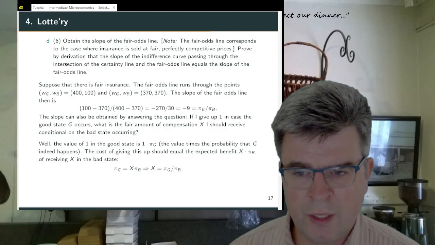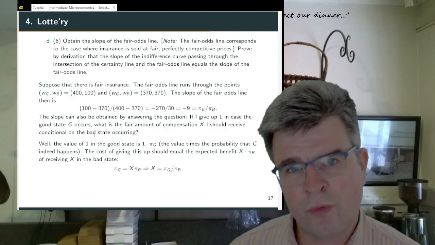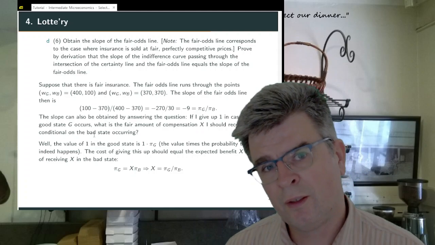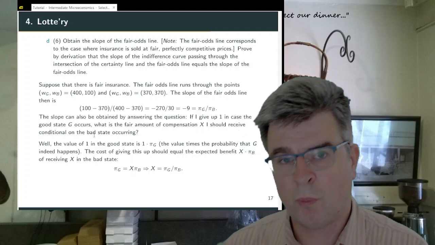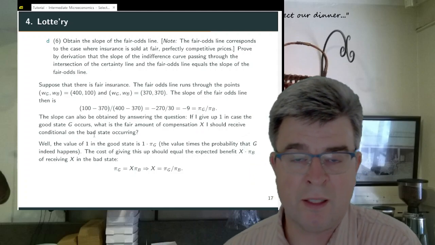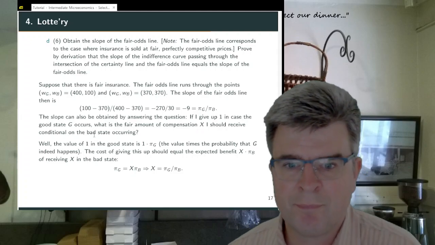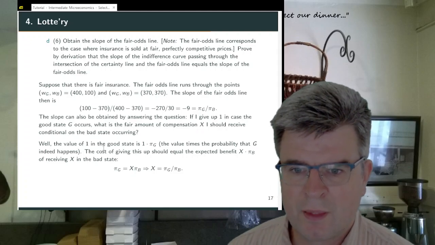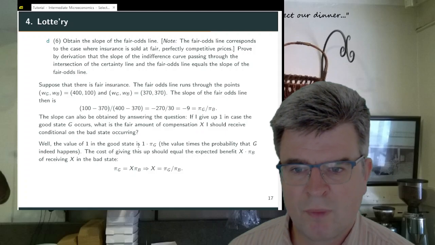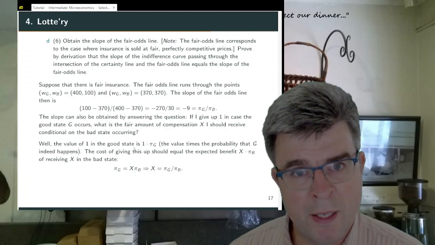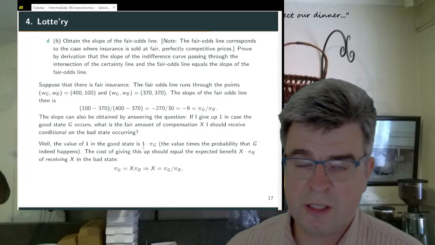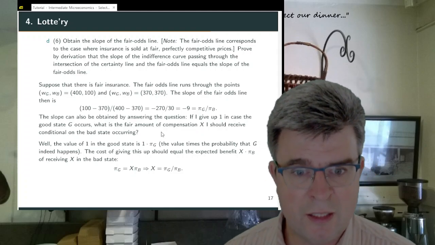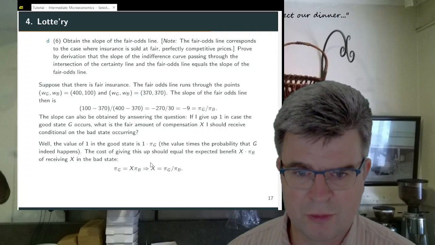And then you should realize, well, the actual value of receiving 1 in the good state of the world is 1 times the probability that the good state of the world happens. And the cost of giving up this value should be equal to the expected benefit that you would get of receiving an additional X in case the bad state of the world happens.